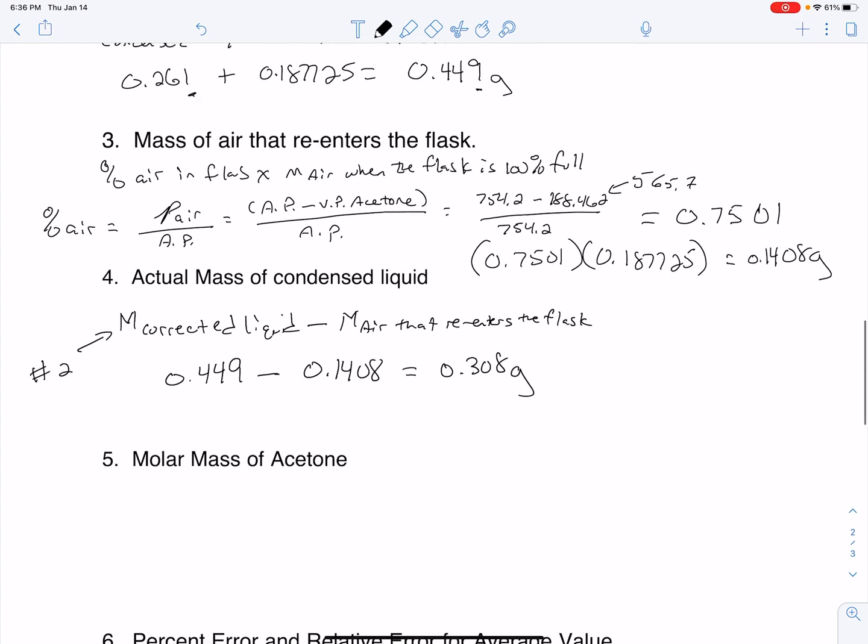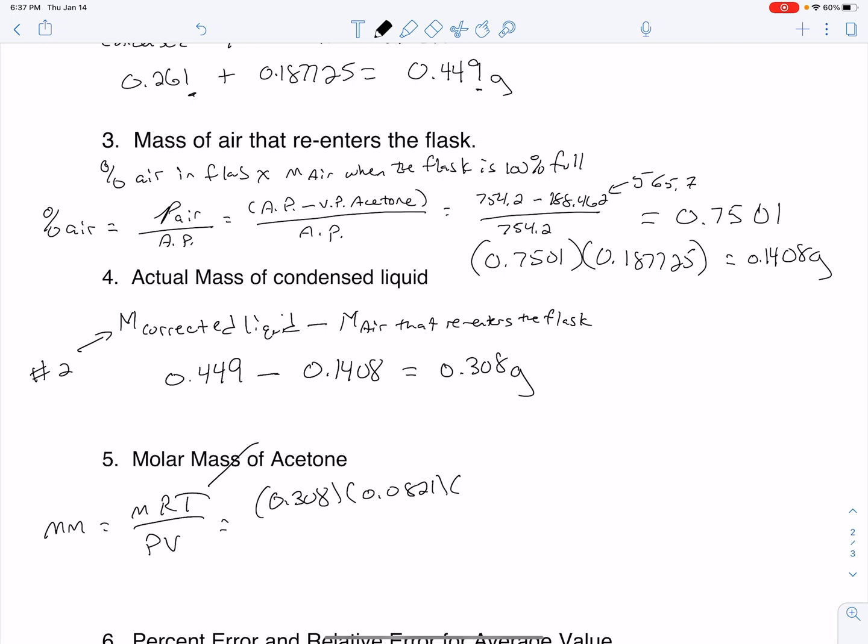Molar mass of acetone. Okay, well, MM now equals MRT all over PV. And we did all of that work to get M, 0.308. R, 0.0821. T, now this is where it gets tricky. The point where the pressure inside and outside are equal for the acetone, not the acetone and the air, was the boiling point.